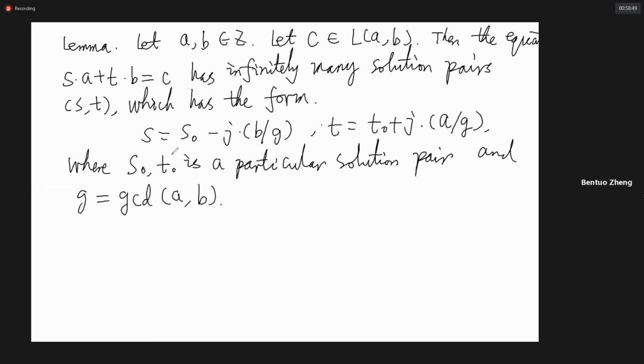The first thing is to show that any pair S and T of the form is actually a solution of the equation. And second is if we have any solution of the equation, we can always write the pair S, T in the form. Okay, so let's look at the proof.